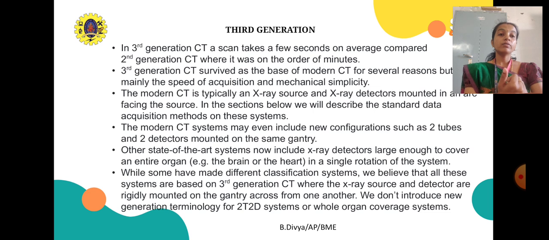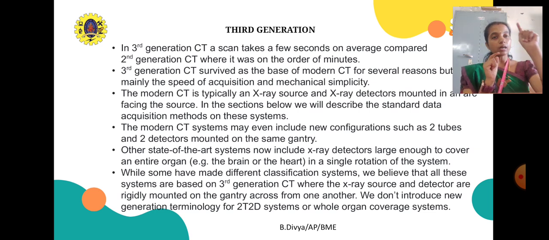What is the gantry? We have seen the CT scan, right? The CT scan will have the round part, that is called the gantry.